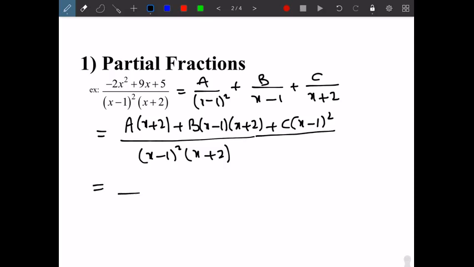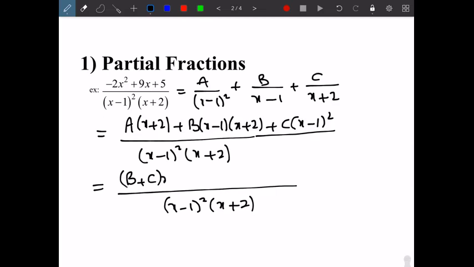So over here, I'm going to expand and group similar terms immediately. Of course, you are not required to do that, in order to avoid calculation mistakes. But over here, we have terms in x squared, which are bx squared and cx squared if we were to expand, so it's (b plus c) x squared.